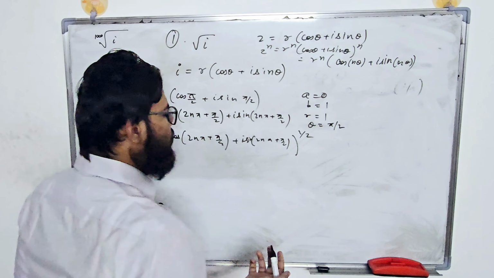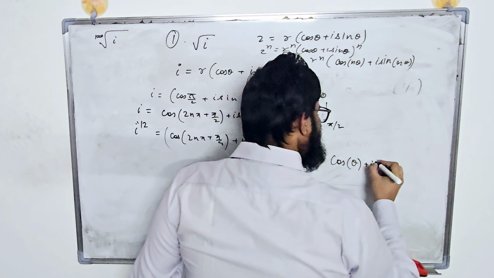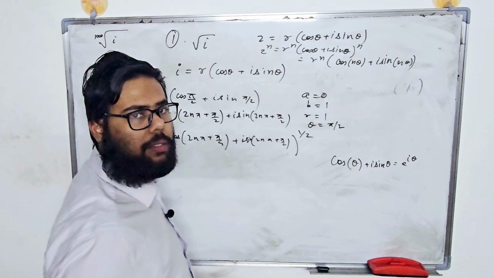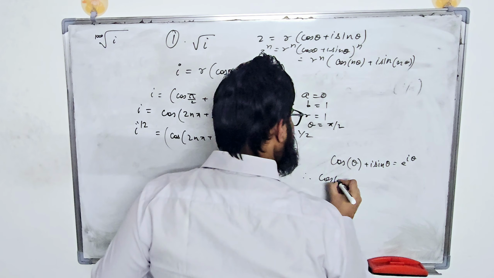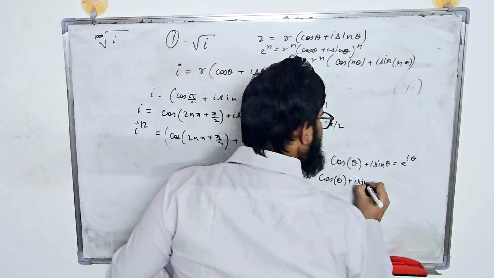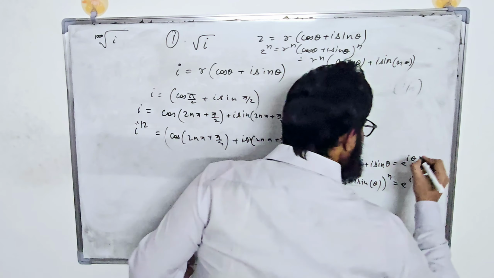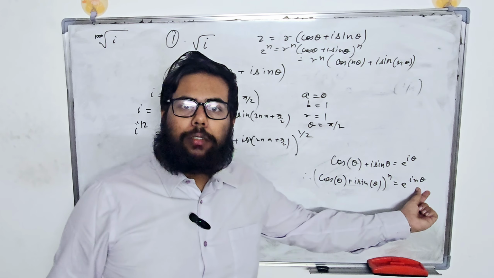How does it come? Well, we all know from Euler's identity that cos theta plus I sin theta is e to the power I theta. If you raise both sides to the power n, cos theta plus I sin theta raised to the power n is equal to e raised to the power I n theta. Now again, n theta is the argument over here.